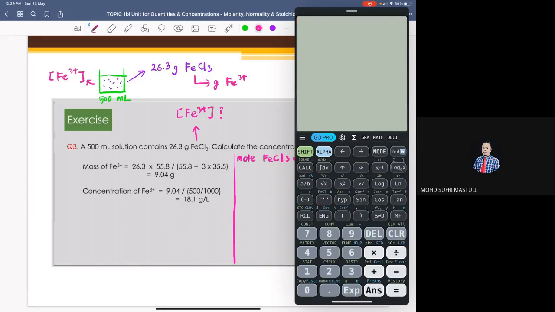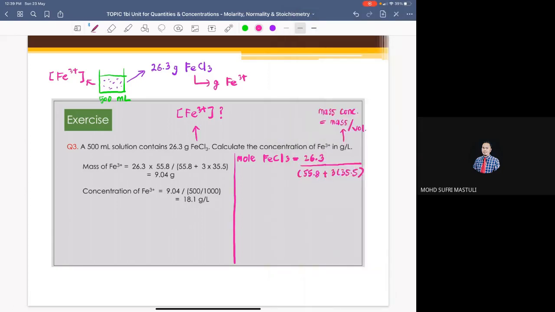Maybe you are confused, so I use another way. You can calculate this one using your calculator.